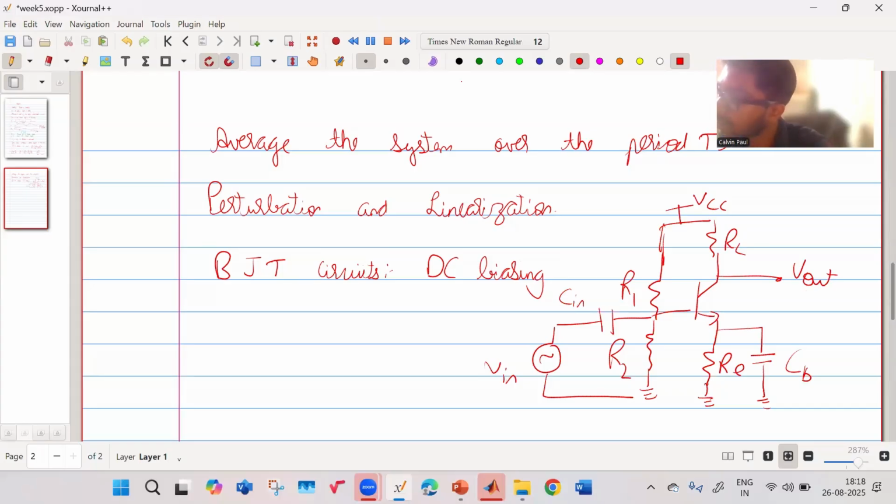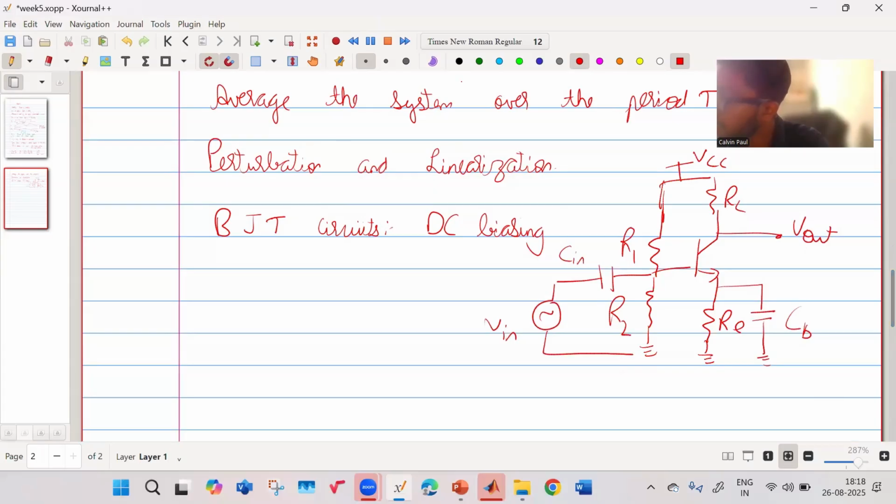So what the students will do is connect everything, and then they will ask me, it's not working. That's an issue they have. So what I prefer them doing is you don't connect this, you don't connect this. You first check whether this operating point is correct, as you designed. Once all this is done, you're sure that what you have designed, R1, R2, RC, RE, is right, then you connect this.